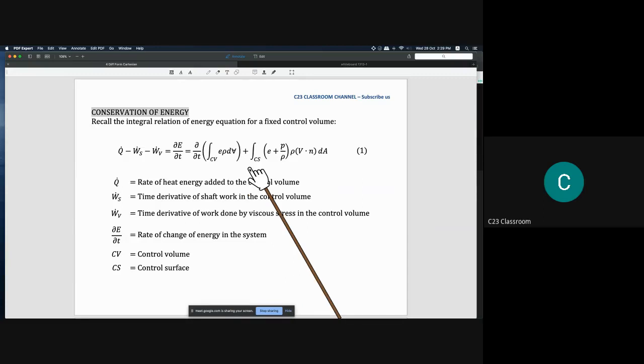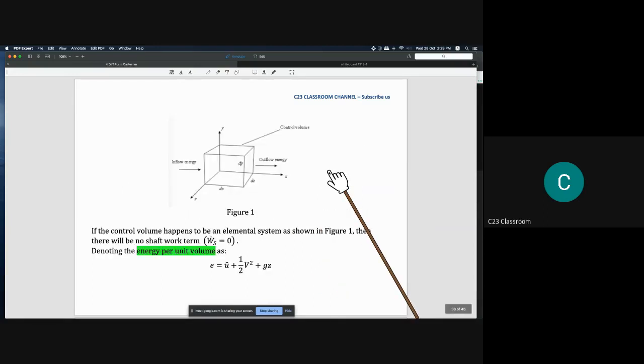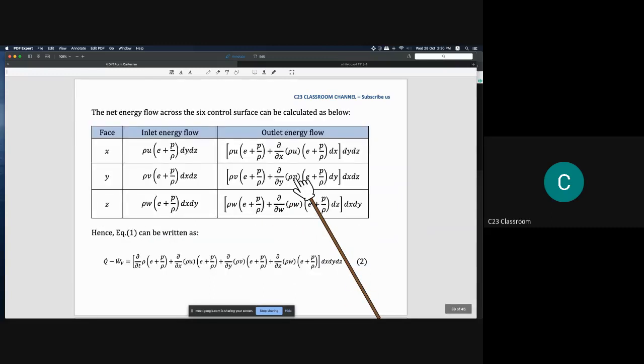So we just go through this one. The idea is the same. We have a control volume here. We assume we have a cube, and then we have energy at the inlet and energy at the outlet of our control volume. The idea is simple.